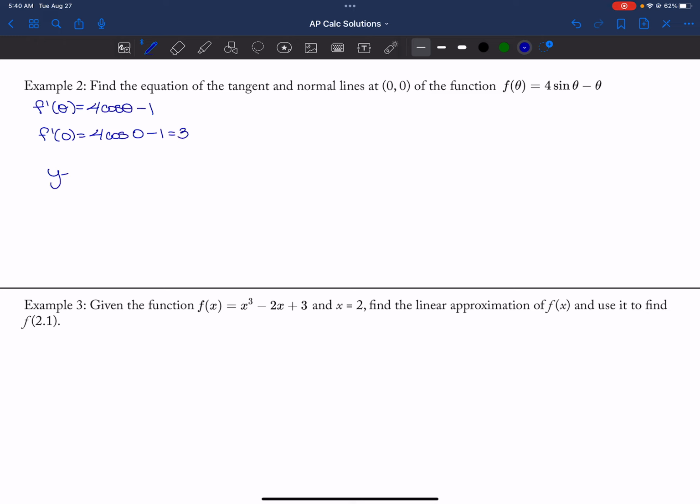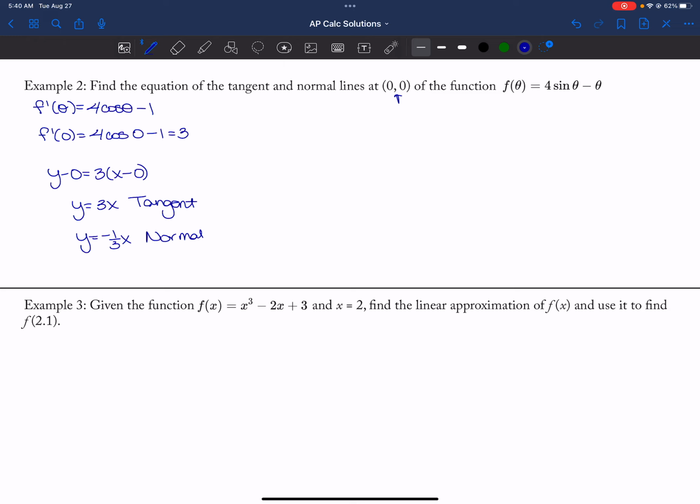So then y minus 0 is equal to 3 times x minus 0, because we're centered at 0, 0. So y is equal to 3x. That's the tangent line. And then the normal line is negative 1/3 x.